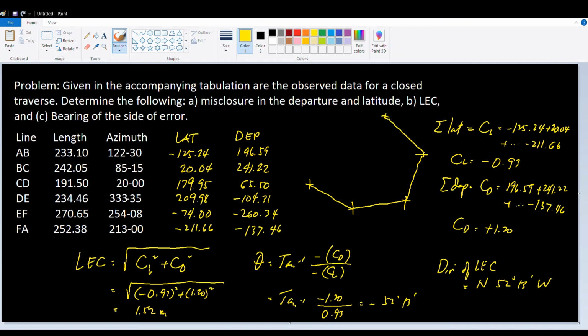Then 254, and then 250, and then 230. So that is supposed to be the sketch of our traverse. If you want a better illustration, then you use a scale. Alright, so that's it. The linear error of closure is 1.52 meters and it runs north 52 degrees 13 minutes west.